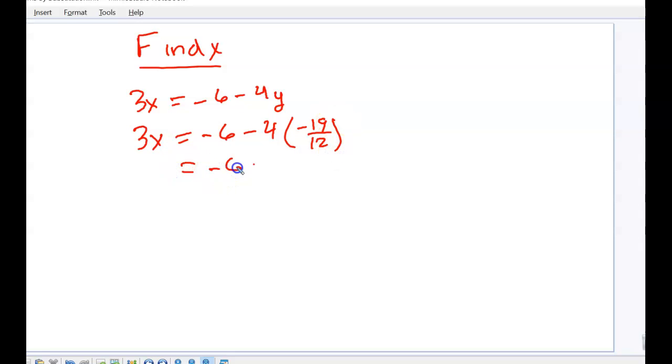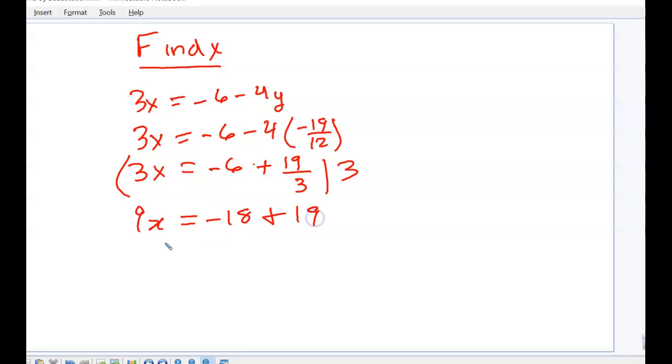Which is going to equal -6 minus, so this becomes a plus actually, because 2 negatives. 4 goes into 12 3 times, so this is really going to be 19 over 3. And now there's a couple of ways I could blow everything up by 3 to get rid of my fraction. So I'm going to get 9x is equal to -18 plus 19. So 9x is equal to 1, and therefore x is 1/9.